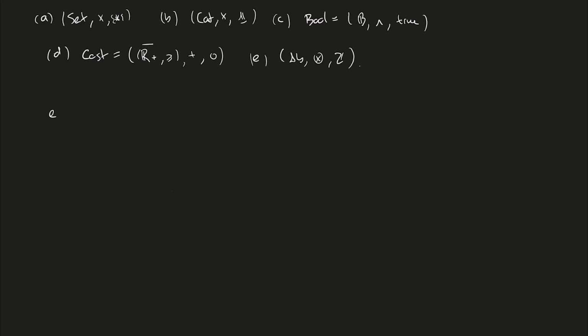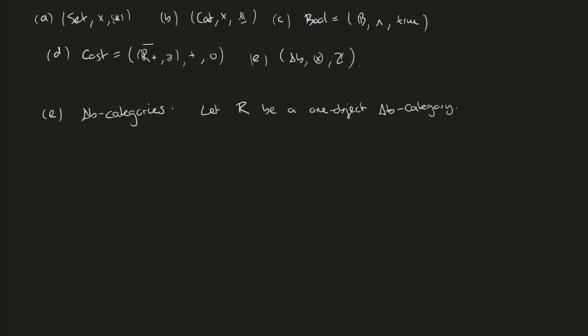Last but not least, let's look at AB categories. And instead of looking at a general AB category, I want R to be a one-object AB category. Let's see what this means.